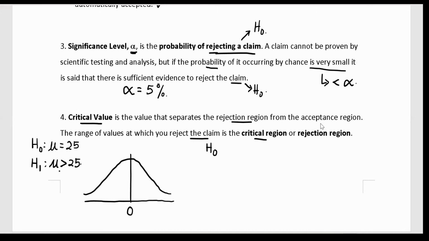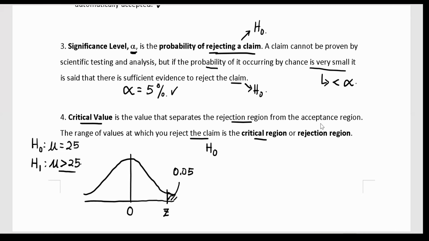Since the H1 suggests that the mean is greater than 25, we are looking at the right-hand side. And that is the probability of 0.05 over here, which is the significance level. So what we need is to find out the critical value.